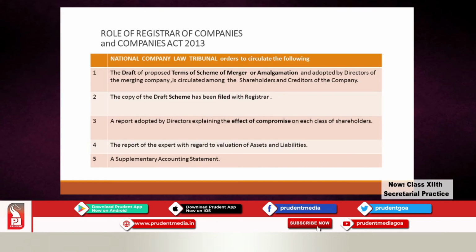Fourth, the report of the expert with regard to valuation of assets and liabilities. And the fifth, a supplementary accounting statement.